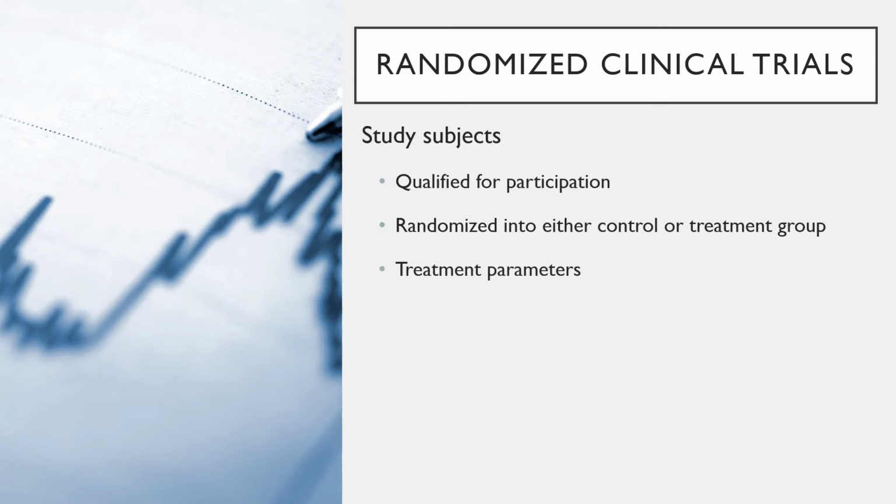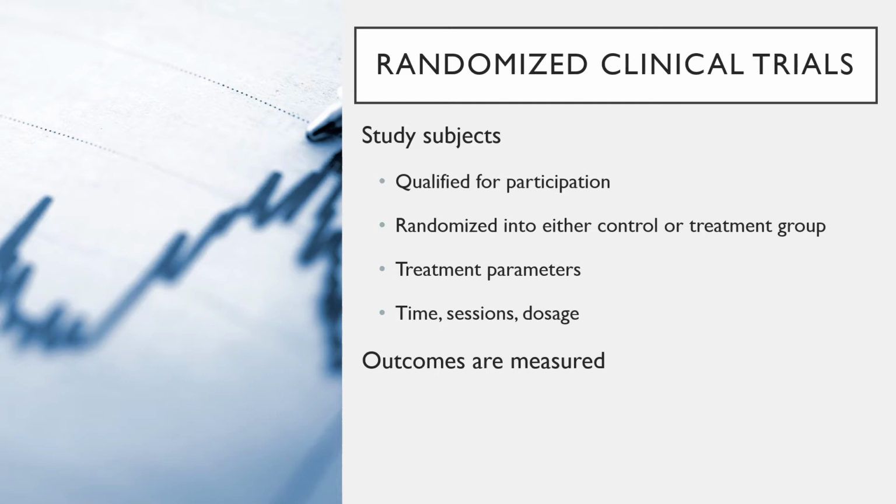There are treatment parameters, which include things like time, number of sessions, dosage, whatever it is. It's going to be a 6-month trial. It's going to be a certain amount of medication, those types of things. Outcomes are measured. Now, this is different than outcome measures.